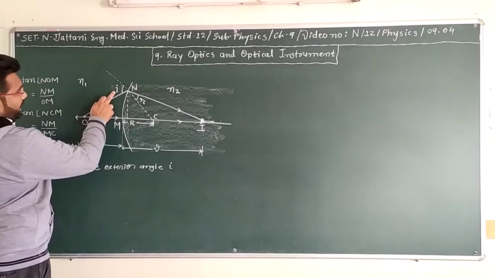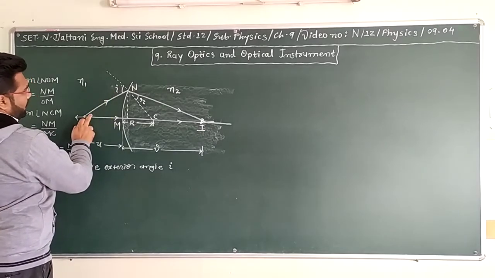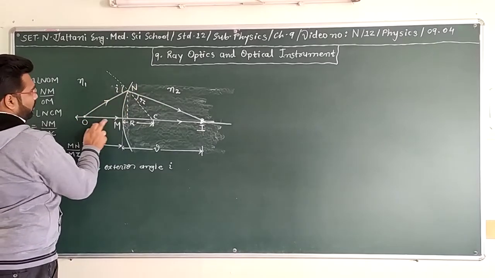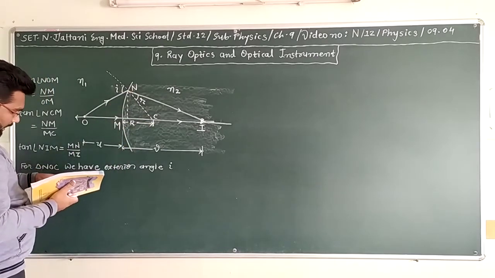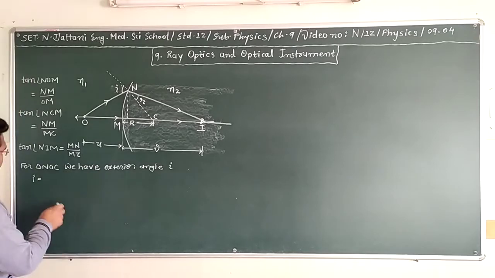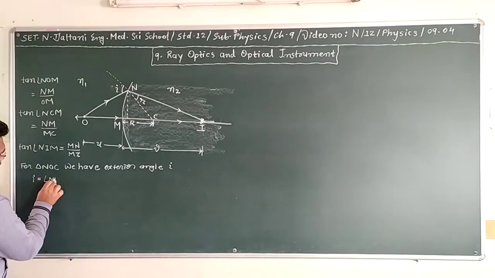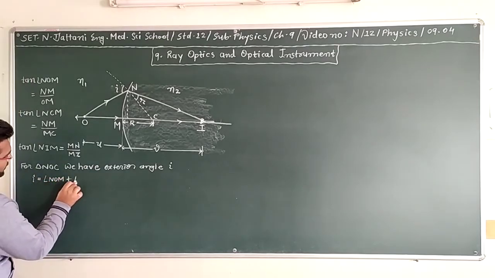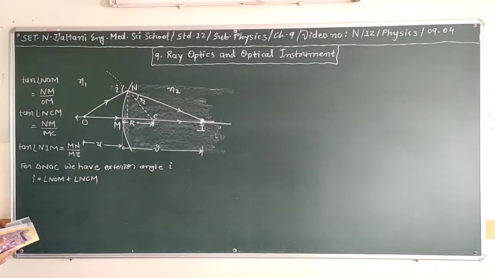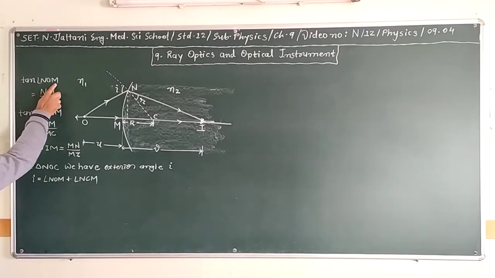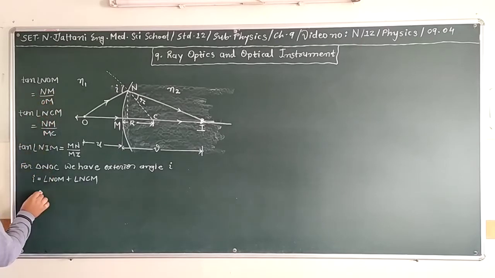So the exterior angle i is equal to the sum of the interior angles NOM plus NCM. So NOM equals NM upon OM, and NCM equals NM upon MC.